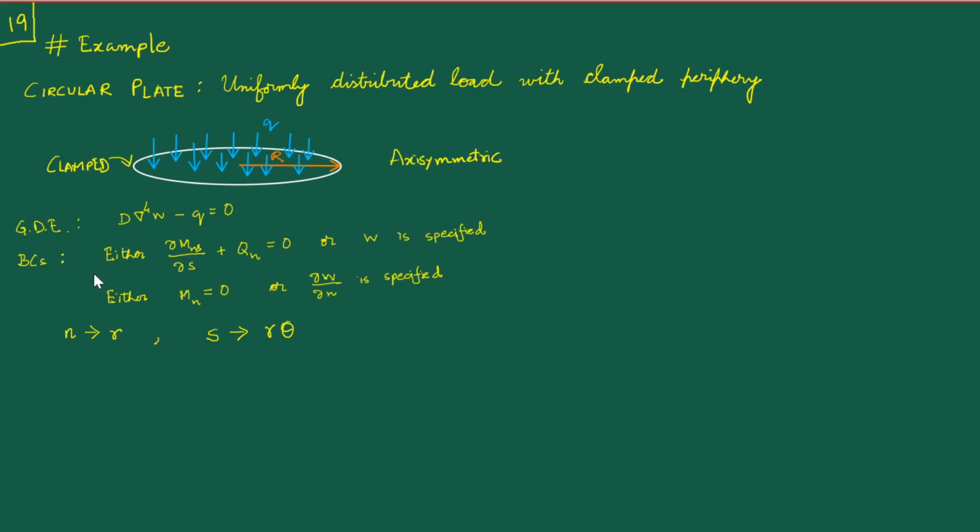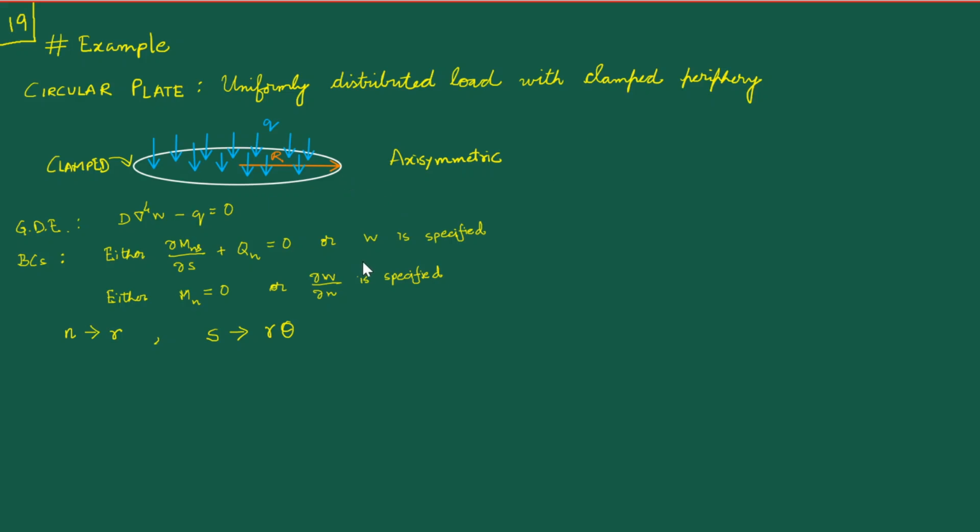First and foremost, we have to note which of these boundary conditions are applicable. Now that is one of the easiest questions, at least physically speaking, because we note that when you have a clamped periphery, all around the periphery, you are sure that the deflection has to be equal to 0.